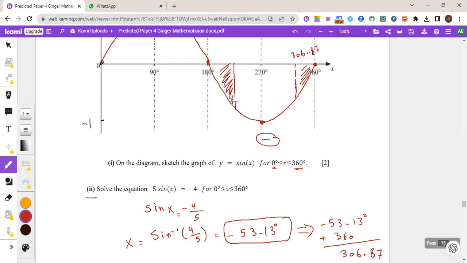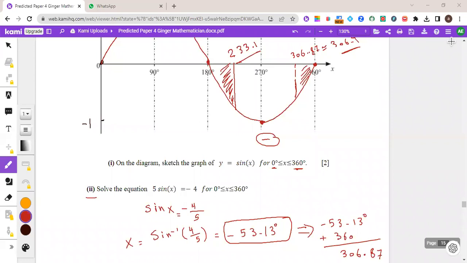So it will be 233, 233, yes. So just I want to tell you an easy way to do it.